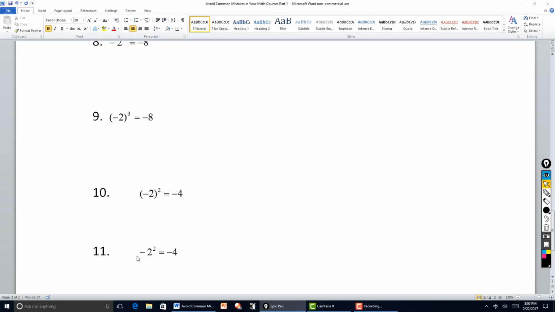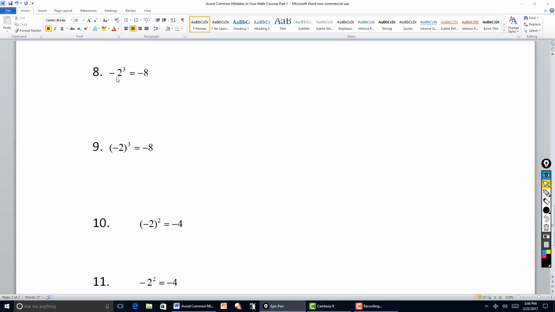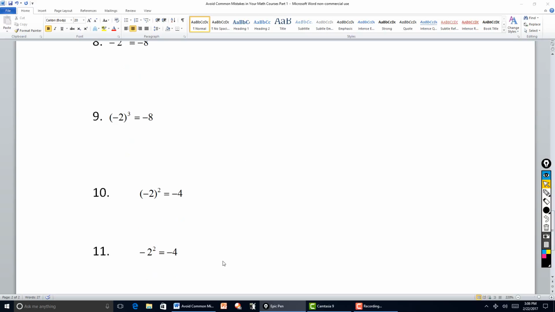The next one, negative 2 to the second is equal to negative 4. Well, that one kind of looks like number 8. Negative 2 to the third is equal to negative 8, except in this case, the exponent is 2. So this one is true. Notice this one over here was false because the base was negative 2, but here the base is just a positive 2, so it means a negative and then 2 factors of 2.